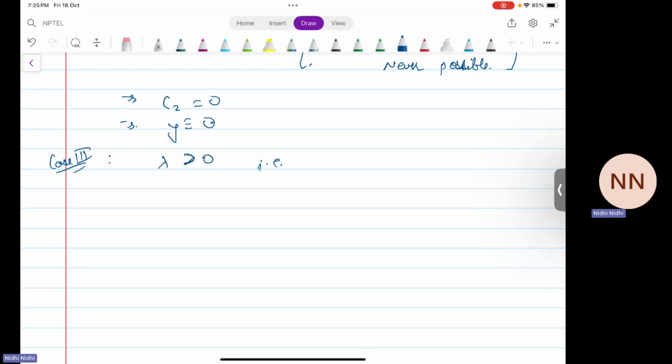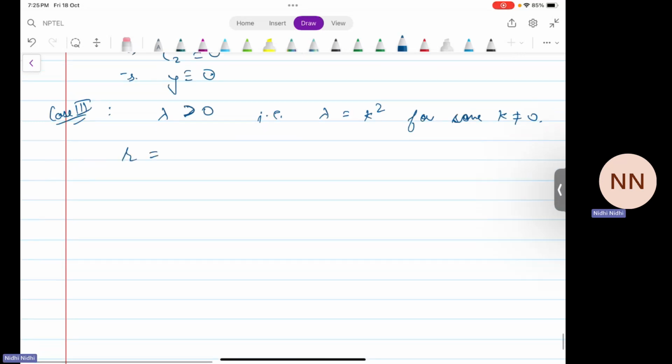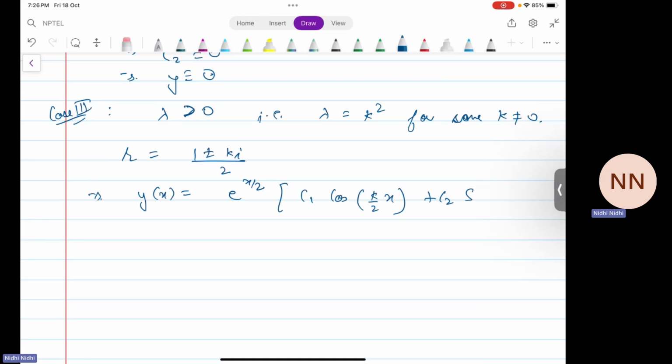That is lambda equals k square for some k not 0. So in this case, we will get r equals 1 plus minus k iota by 2, which will give us y(x) equal to e to the power x/2 times (c1 cos(kx/2) plus c2 sin(kx/2)).